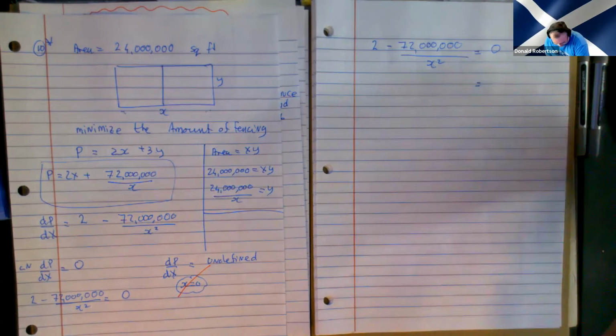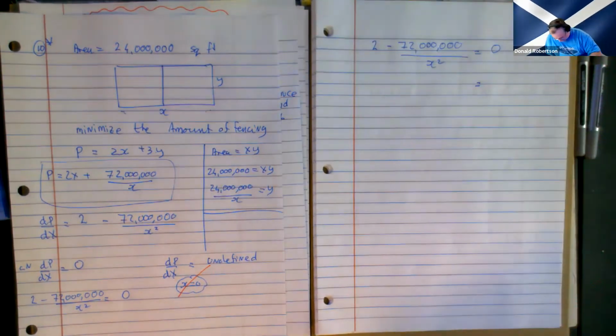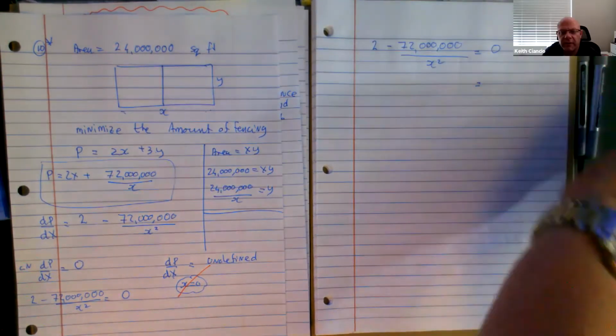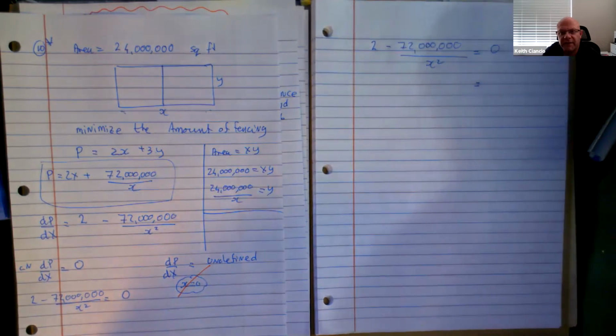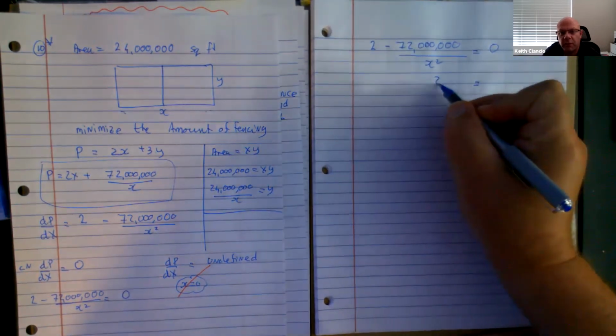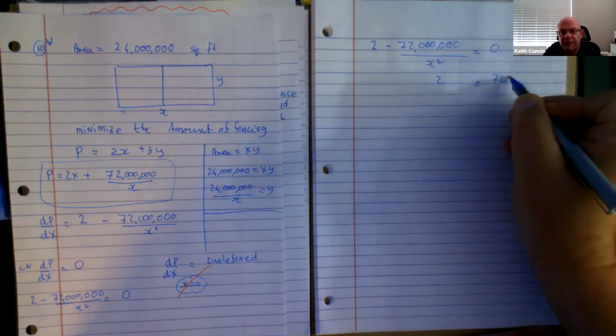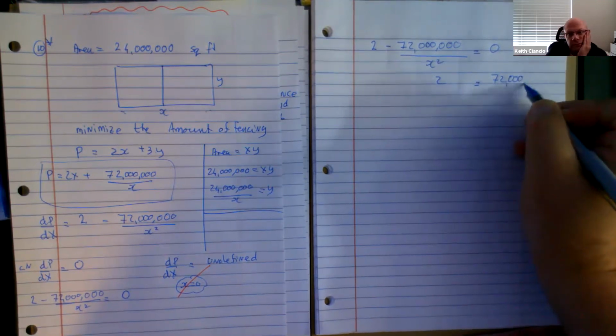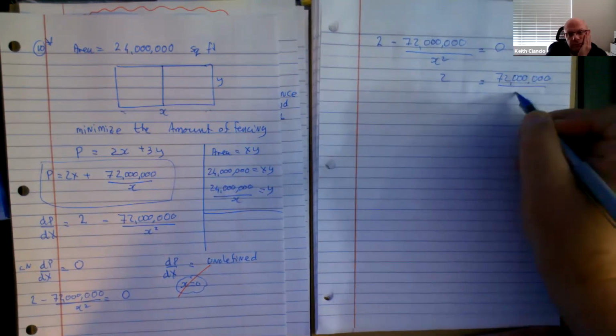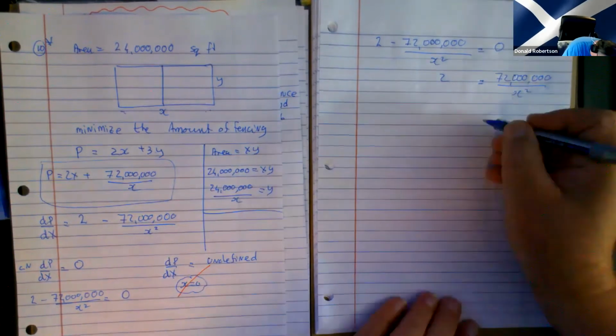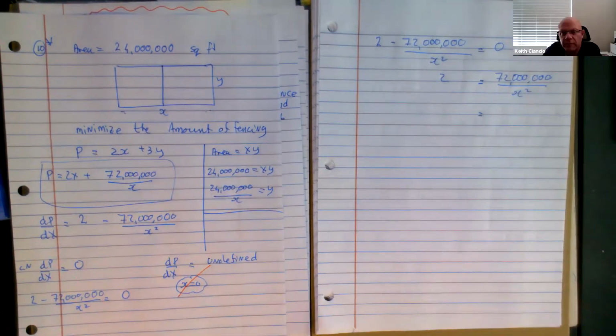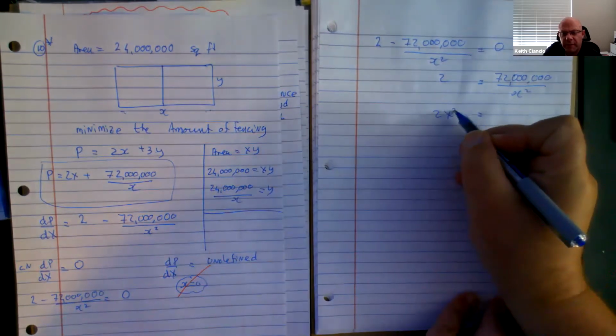There's more than one way to do this. The easiest way that I do it is I would add 72 million divided by X squared to both sides. Good start. And then multiply both sides by X squared. Divide by 2.